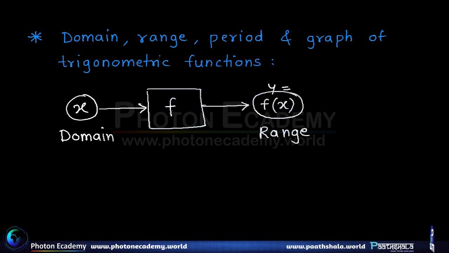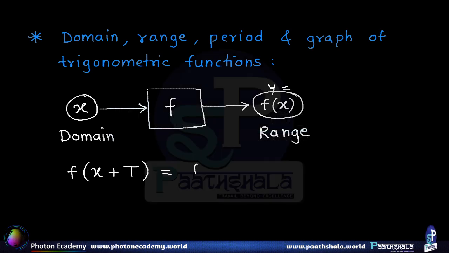Technically, we say that if f of x plus capital T is the same as f of x for some quantity T, then we call that quantity T the period of the function.